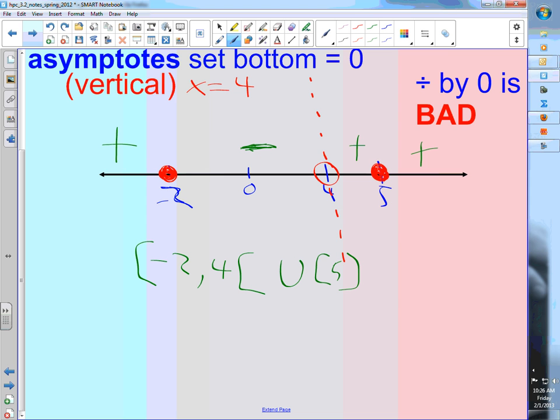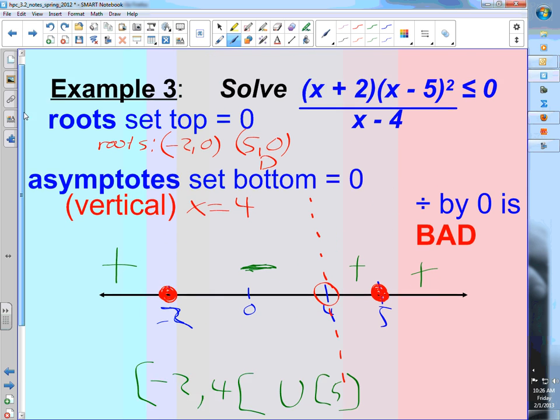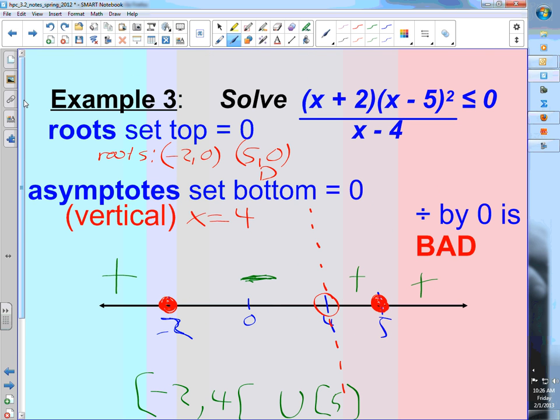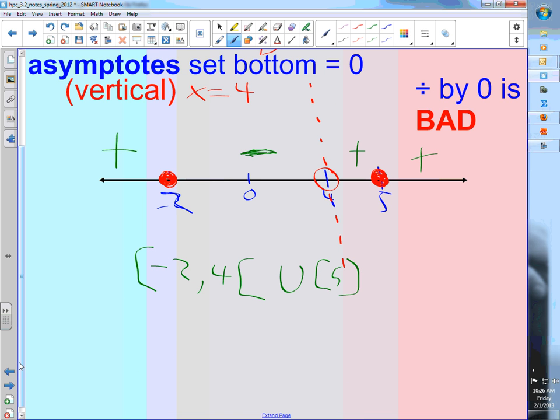So don't overlook that because of the plus. The 5, when you plug it into the original, will make the statement true because you're going to get 0 is less than or equal to 0, that's true. But around the 5, not true. Everybody good on that?